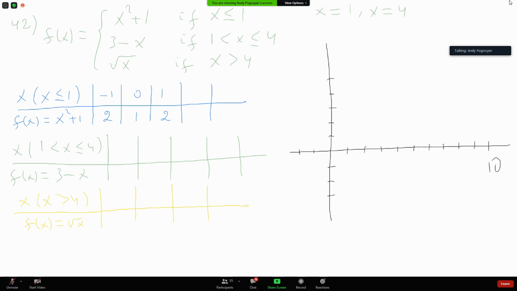So negative 1, 2; 0, 1; 1, 2. So the graph is this parabola. This part is included, closed circle. This one goes this way, to the left.